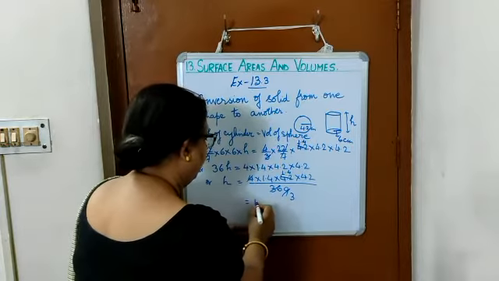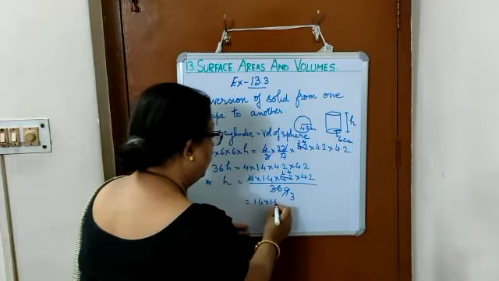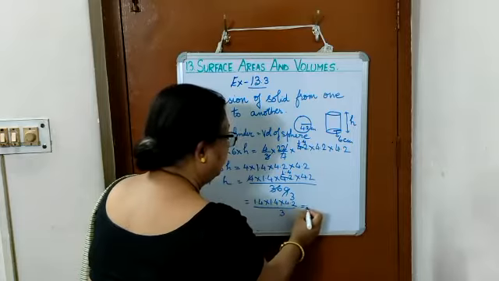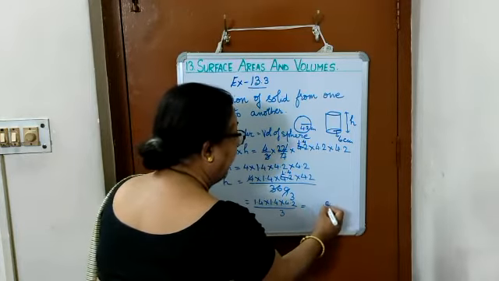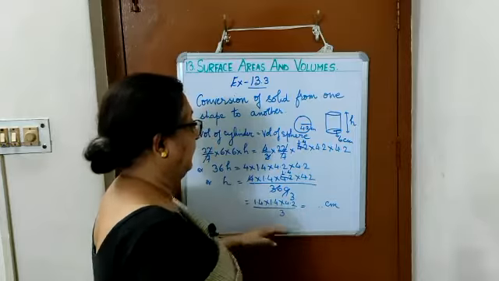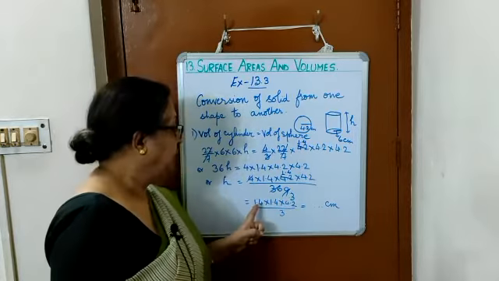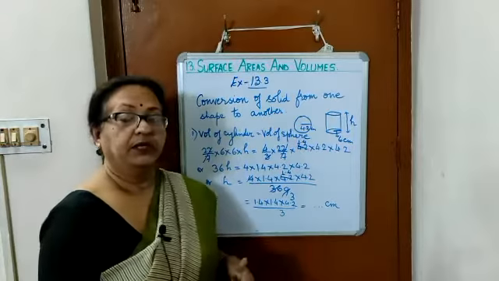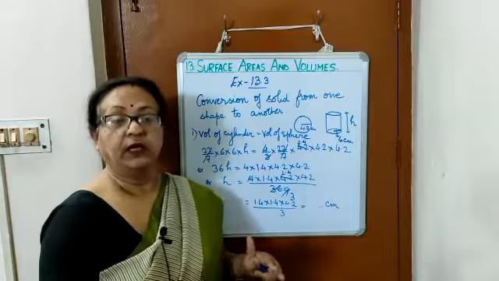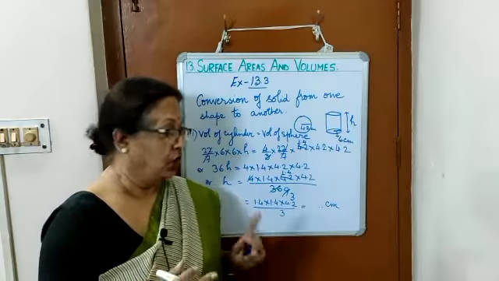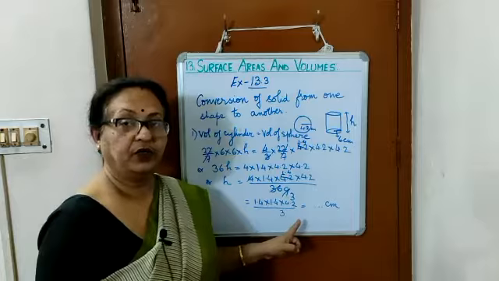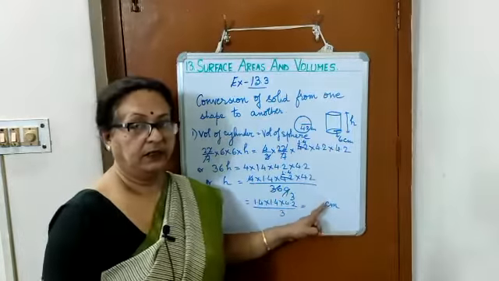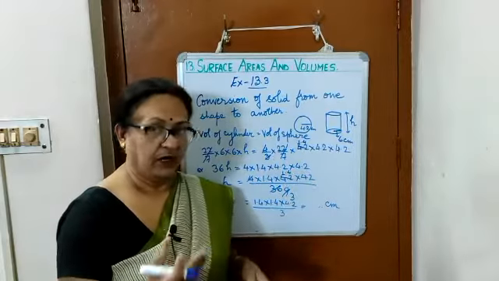So you have 1.4 into 1.4 into 4.2 by 3. Since you're finding the height, the unit will be centimeter. Now children, solve this to get the answer. The more calculations you do, the more accurate you will be, and the more your speed will increase. So children, please complete the calculations yourself. The answer will be whatever you get, that many centimeters. Understood children? Okay, let's see another sum.